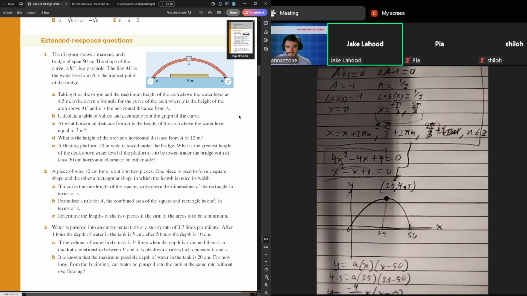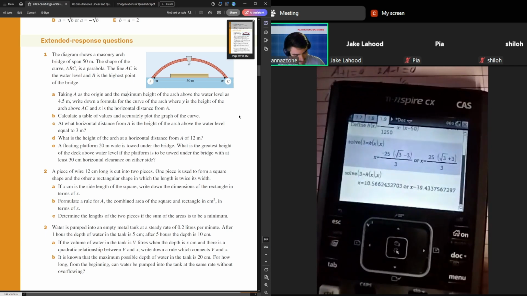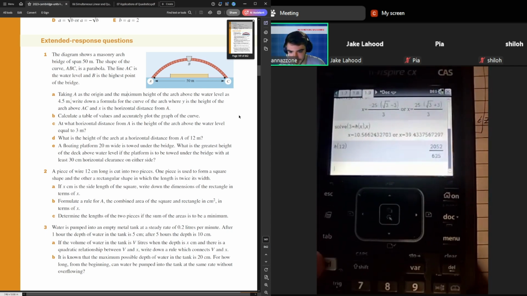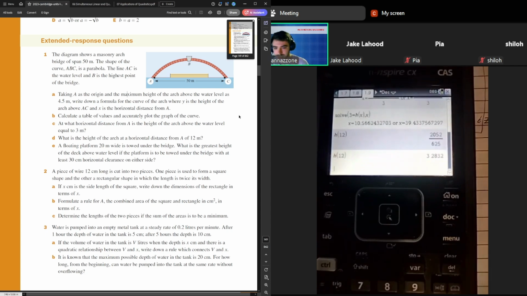Oh yeah, just x equals 12. X equals 12, yeah. Now you're given the horizontal and ask for the height. So x equals 12. On the CAS, simple as just saying h 12. You give that value. I guess in this case decimal also works because that's a closed decimal.